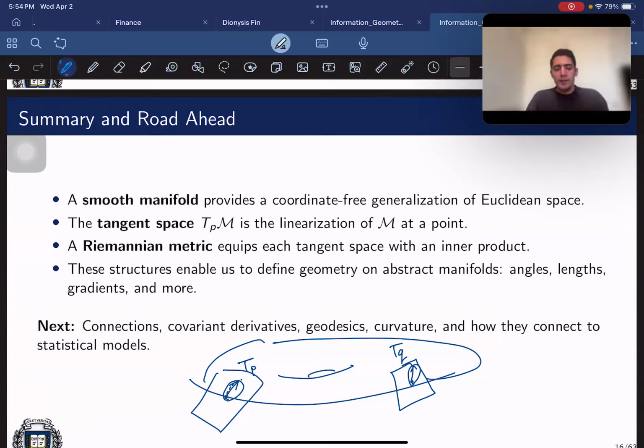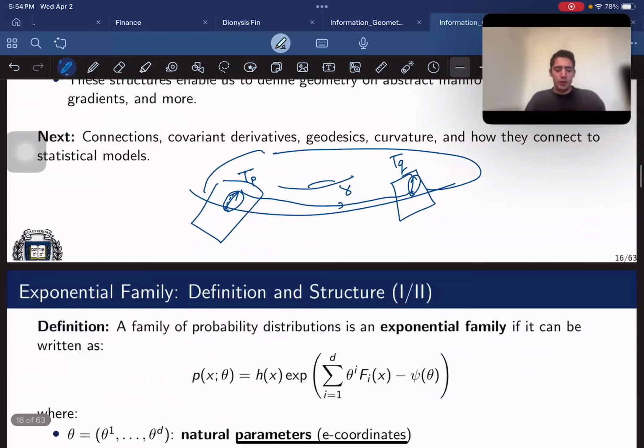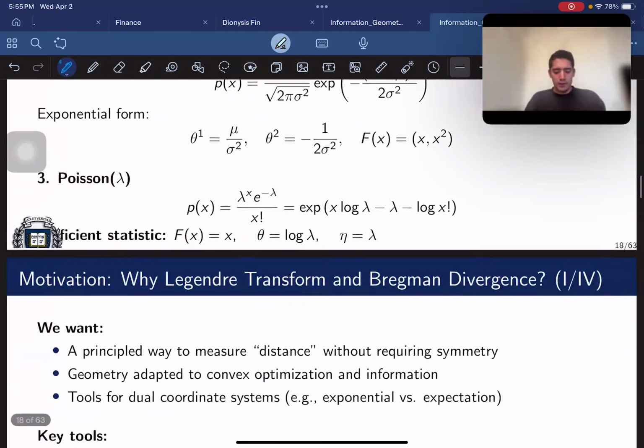One might say, okay, we have access to the inner product at each point, but that does not give us any clue how we can go from one tangent vector to another one. So we need to develop tools to be able to move, as we can move through this curve from point P to point Q, the tangent space as well from point P to point Q. So that's where we're going to discuss connection.